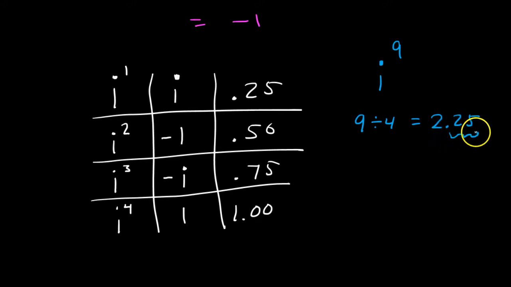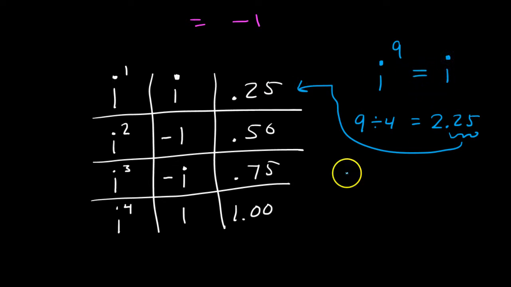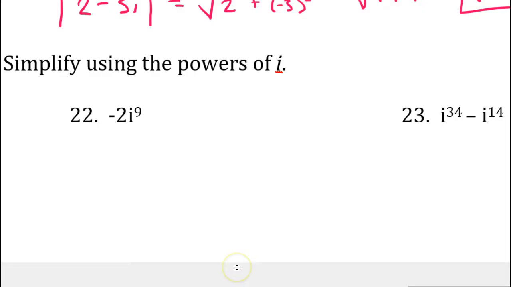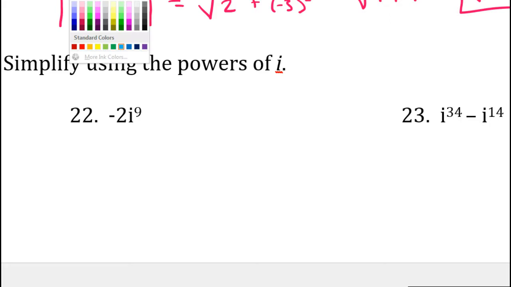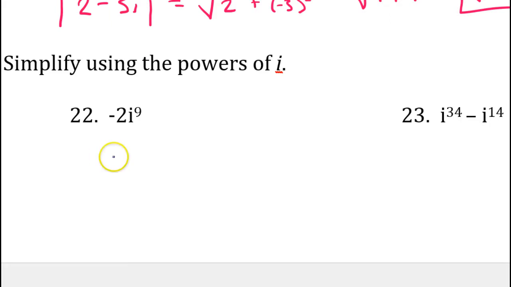The 0.25 part tells me that we're in this row, which means that this simplifies to i. So I could rewrite this problem as negative 2i. And that's it. So that's the answer to problem number 22.